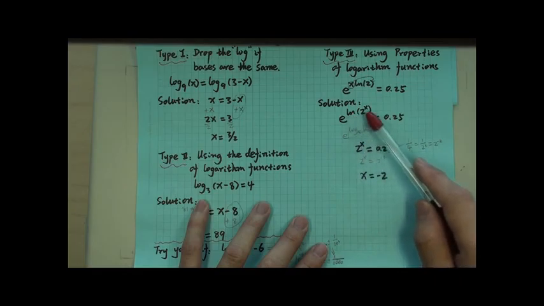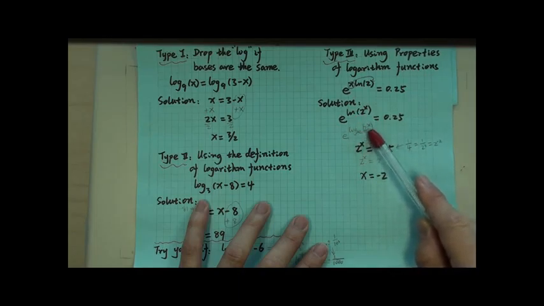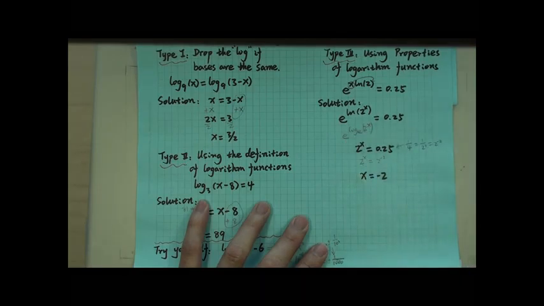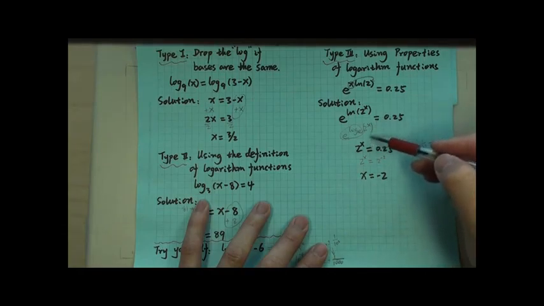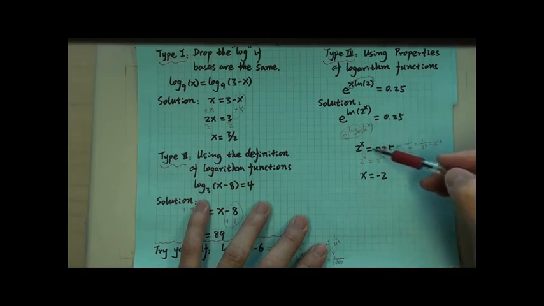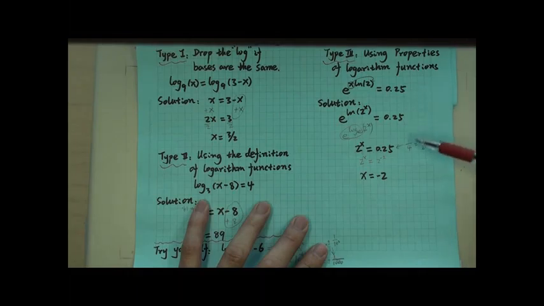Now remember again, natural log ln is log base e, of 2 to the x. Here is e, here is e, so you can then cancel this part, and then 2 to the x goes down. So 2 to the x equals 0.25. 0.25 we know is 1/4, or that's 1 over 2 squared.